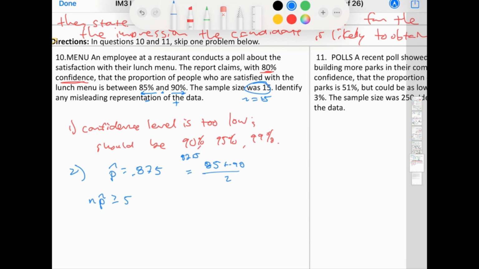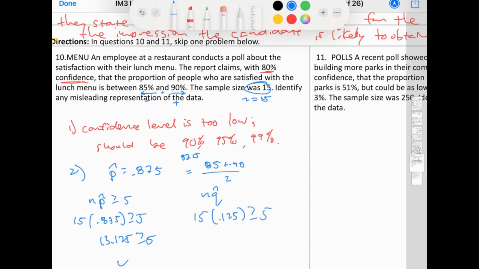And if I take that number, n times p hat has to be greater than or equal to 5. N is 15, so 15 times 0.875. I get 13.125. It is greater than 5, but if I do the q, 1 minus 0.875, q would have to be 0.125.